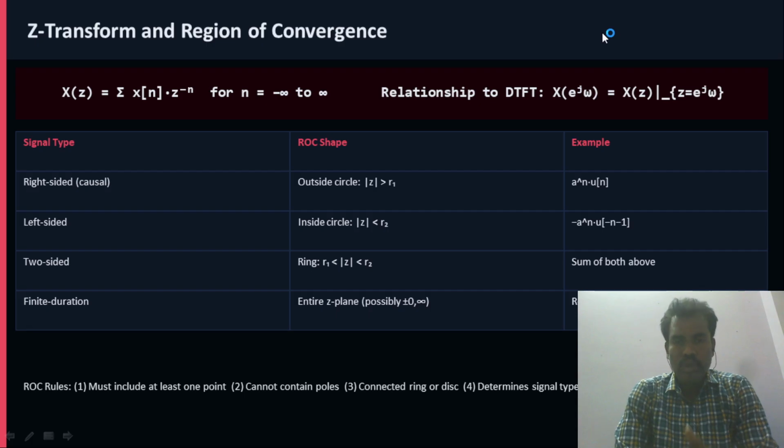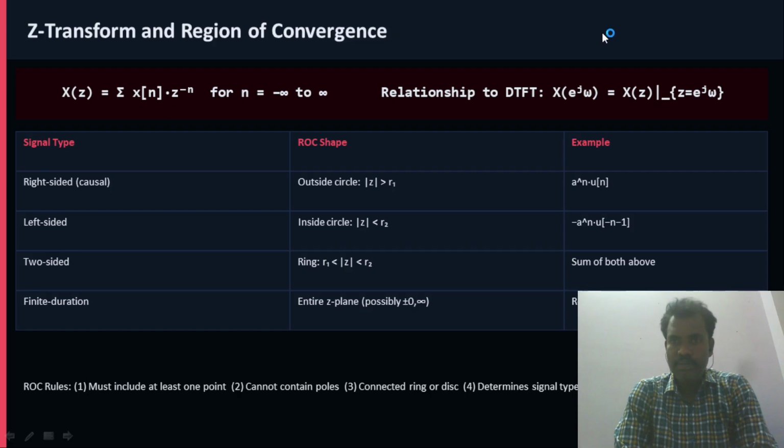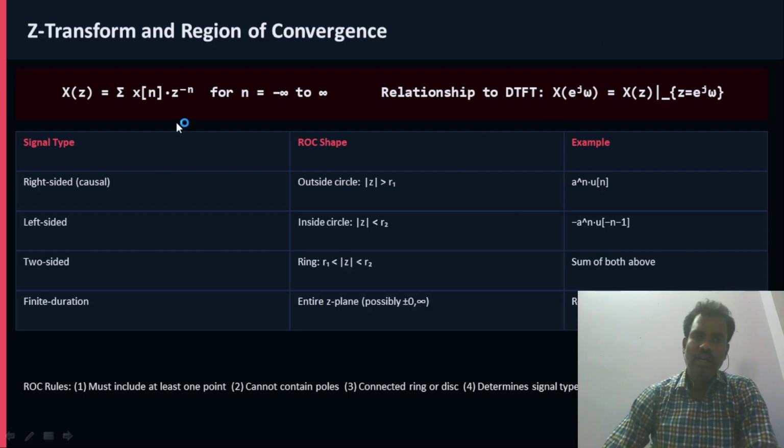Then only it is possible to find out the Fourier transform. Or we can say it is an energy signal. The energy of the signal must be finite. Or we can say absolutely square summable, because the formula for energy of the signal is sigma x square of n.